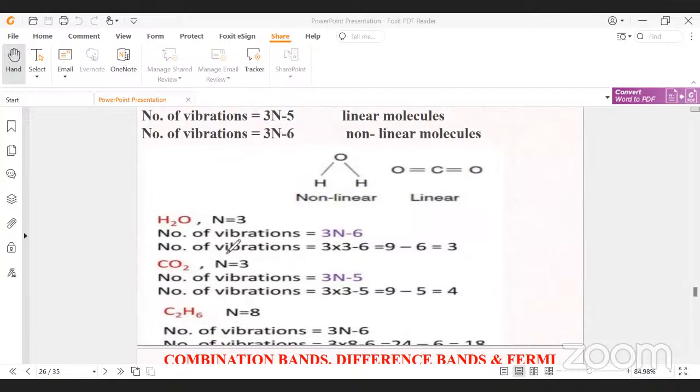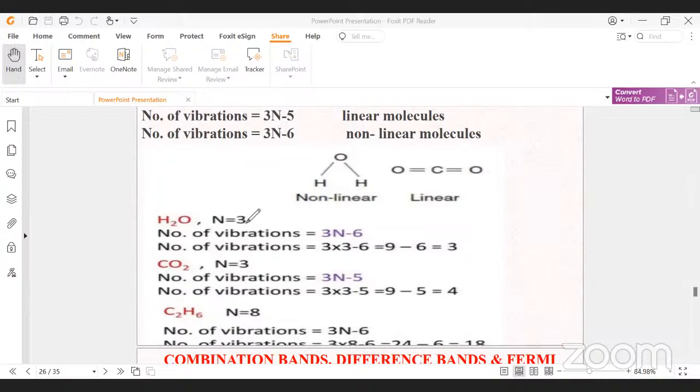In the H2O molecule, there are two hydrogens and one oxygen, total 2 plus 1, 3.